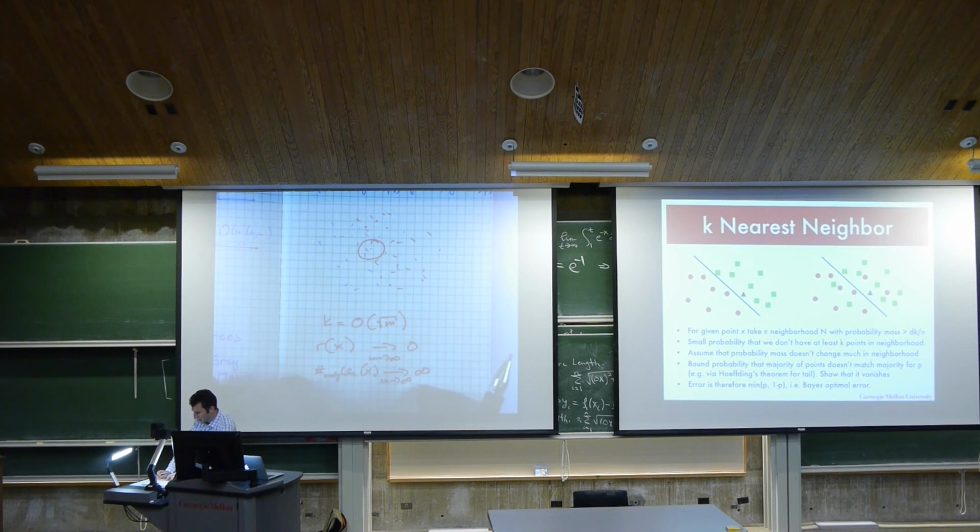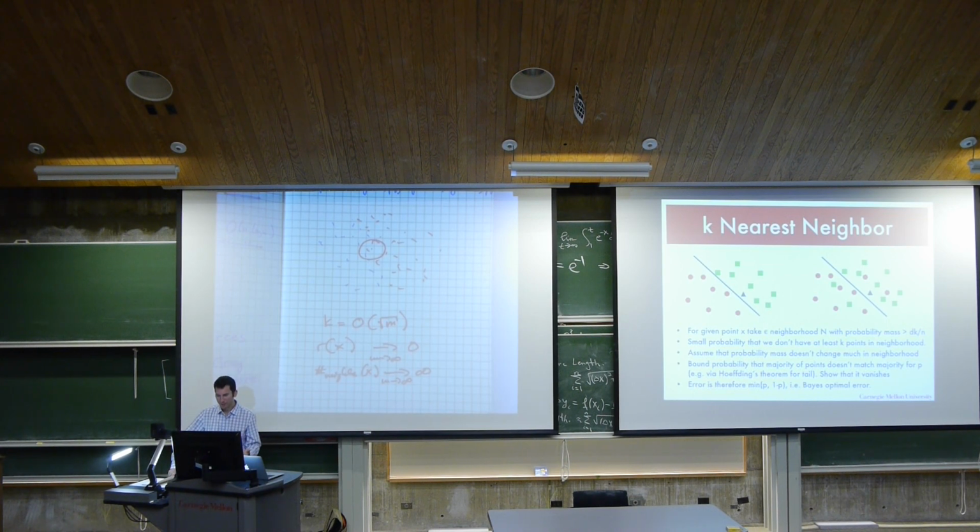So therefore, we know that the probability estimate will converge to the true probability within that interval. So we shrink the ball, but at the same time, the number of points that we have inside one of those neighborhoods goes to infinity. So therefore, we know that the probability estimates within each of those regions are going to be correct.